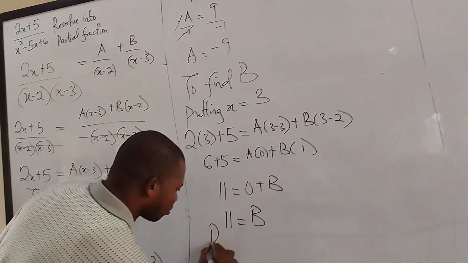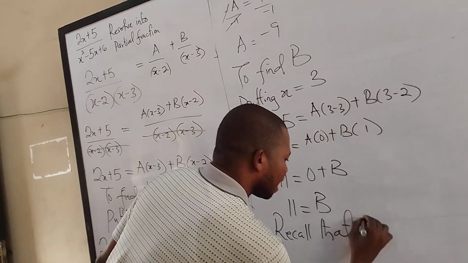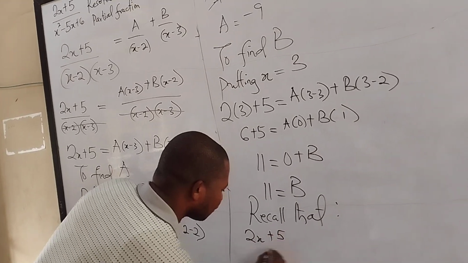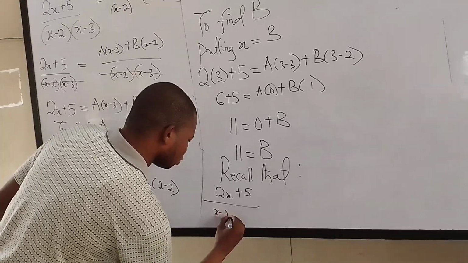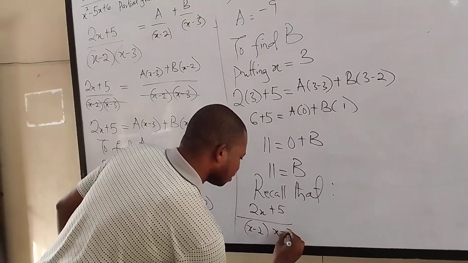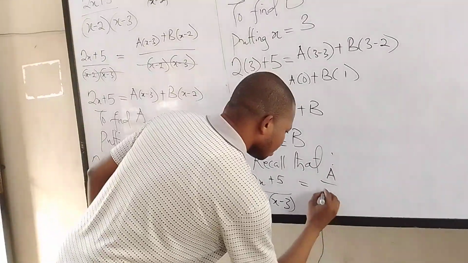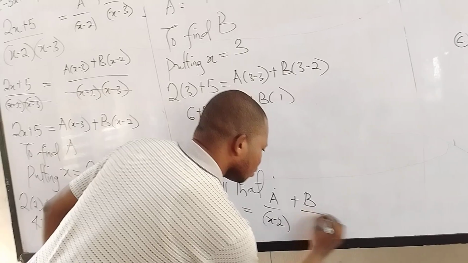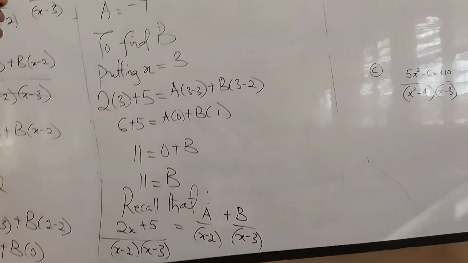Therefore, we now say recall that 2x plus 5 all over x minus 2 into x minus 3 gives us a over x minus 2, then plus b over x minus 3. It's as simple as that.